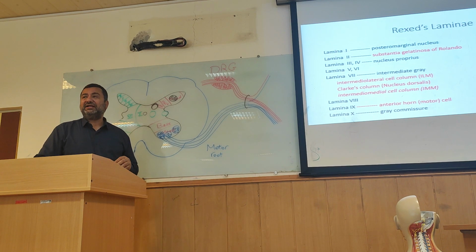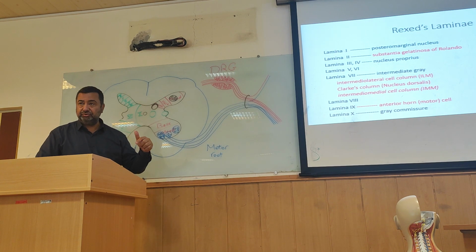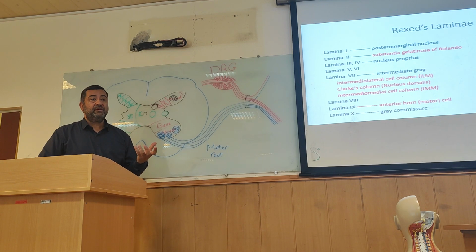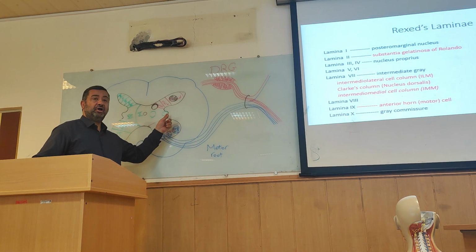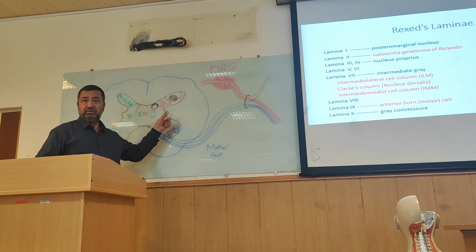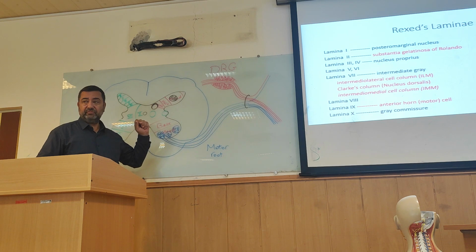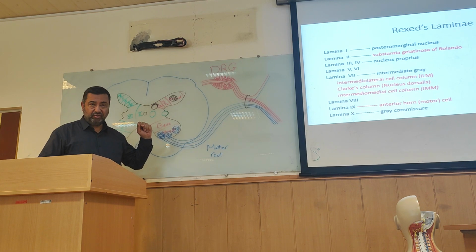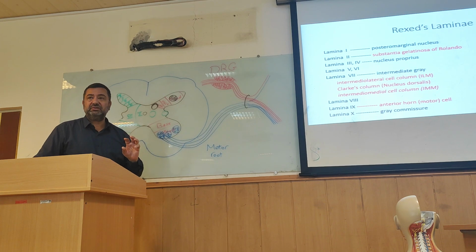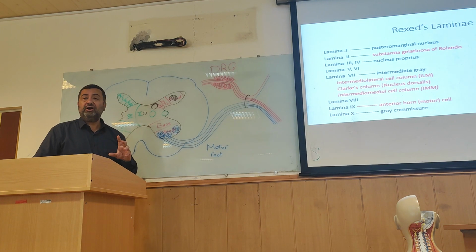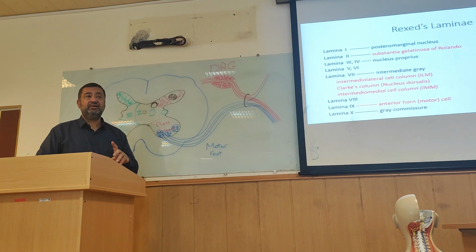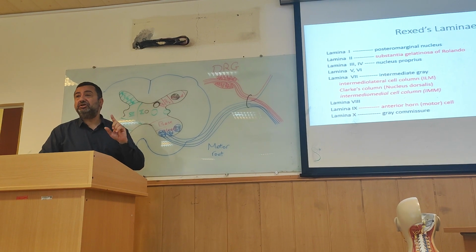I told you in the lateral horn from T1 to L2, there is a nucleus that is called the intermediolateral nucleus. In the intermediolateral nucleus, there are sympathetic neurons.